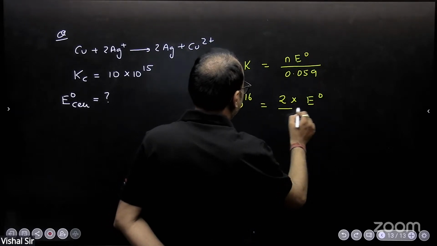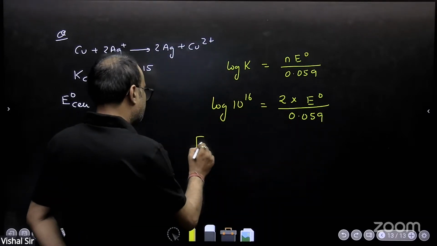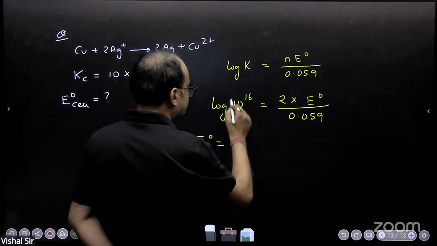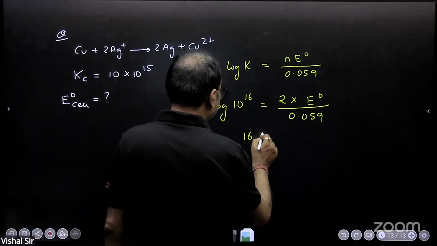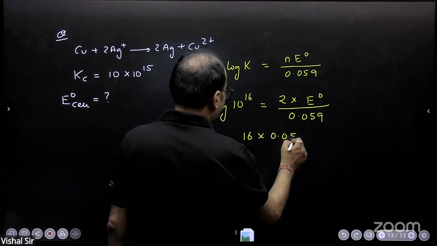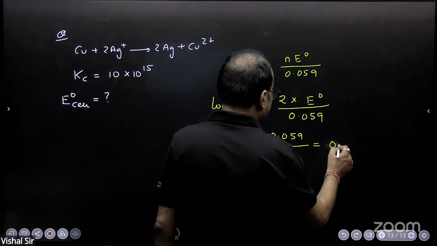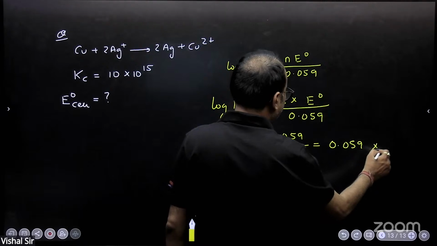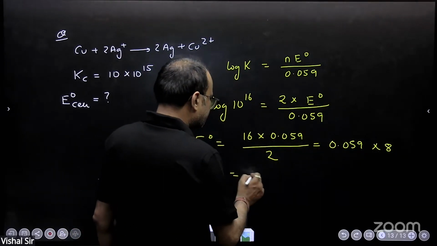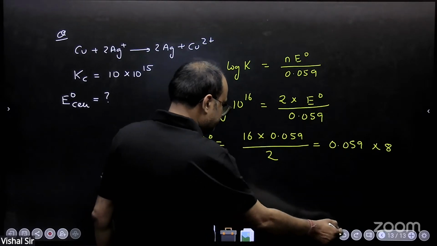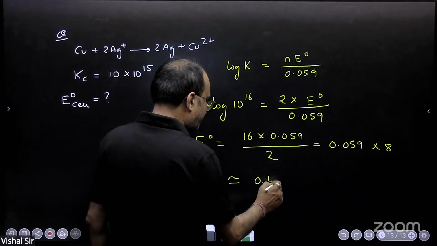E naught value we have to calculate. So E naught comes out to be log of 10 raised to 16, which will become 16, into 0.059 by 2. That is 0.059 into 8. If you take it as 0.06, so this will almost become 0.48 volts.